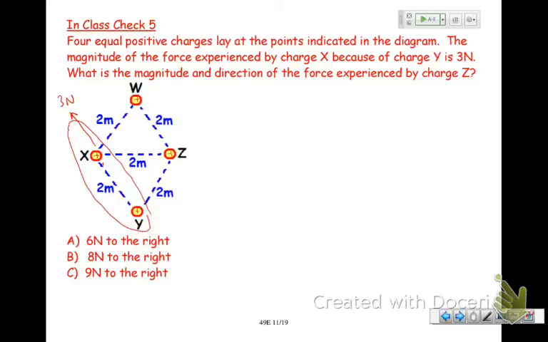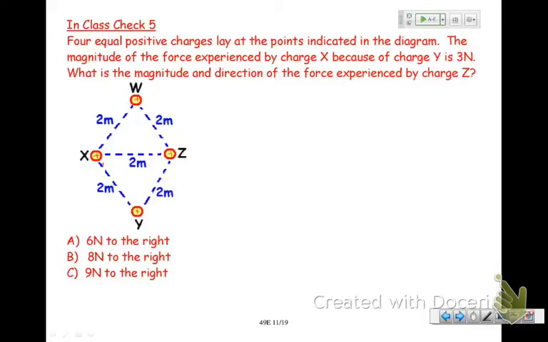Then it says, what is the magnitude and direction of the force experienced by charge Z? So it's not even like I'm going to use what I just did in any great detail. It was just an illustration to give me a scale.